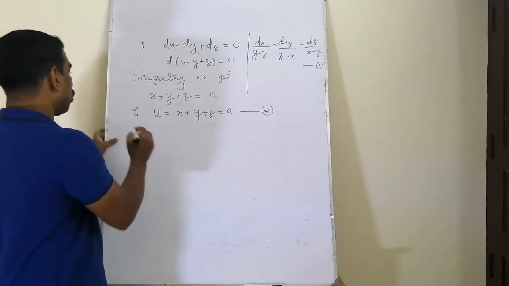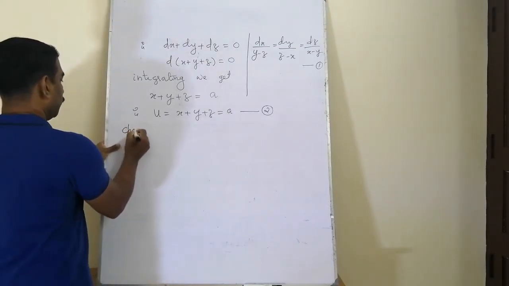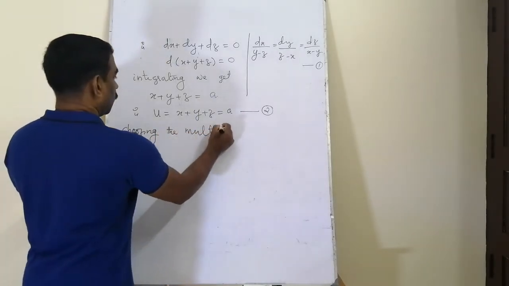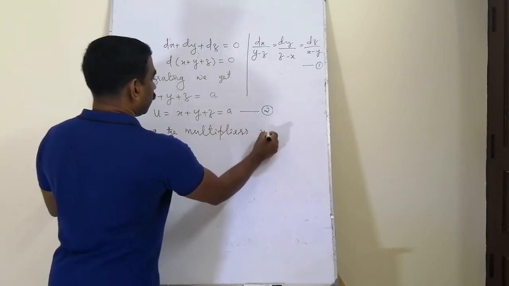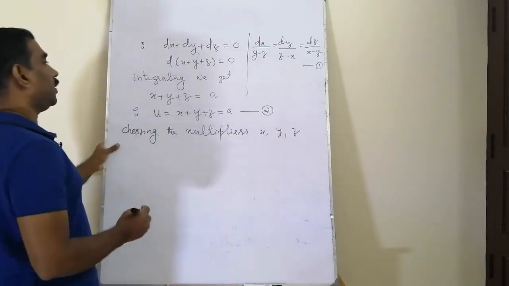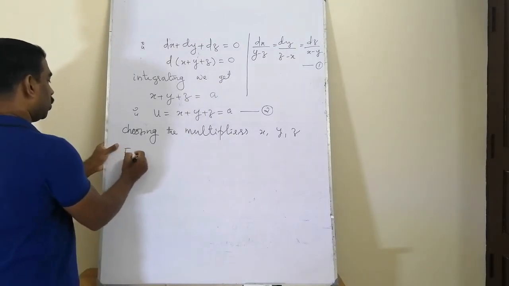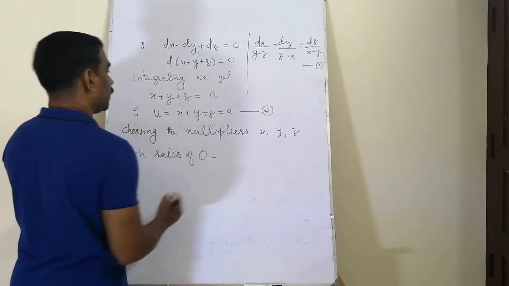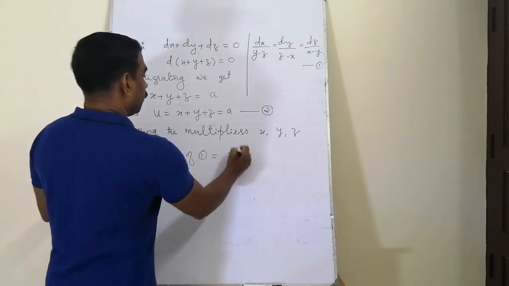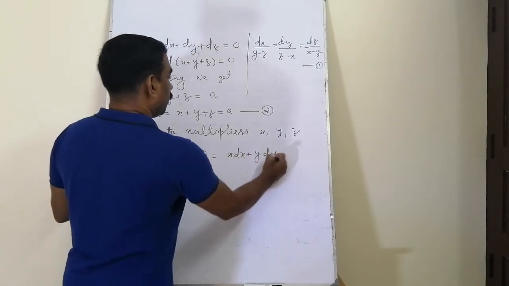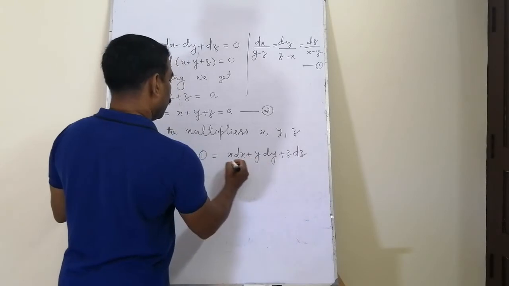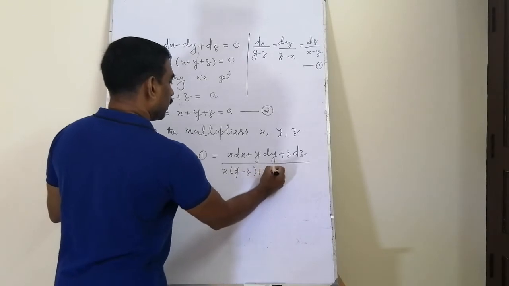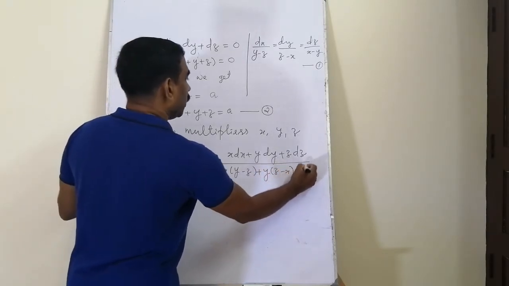Okay, now choosing the multipliers x, y, z, each ratio of equation number 1 is equal to x dx plus y dy plus z dz divided by x into (y minus z) plus y into (z minus x) plus z into (x minus y).